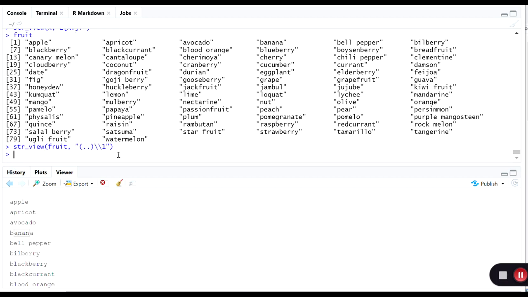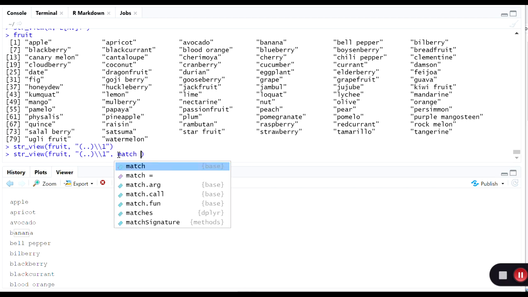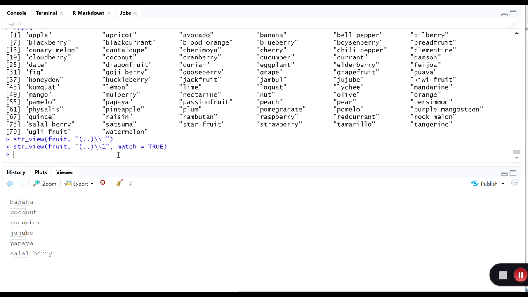Let's do our match equals true. Always forget that. We can see what happened is any two letters that get repeated again is what it catches. But they have to be repeated immediately after, right? There's no dot asterisk in between to say they could be repeated later.